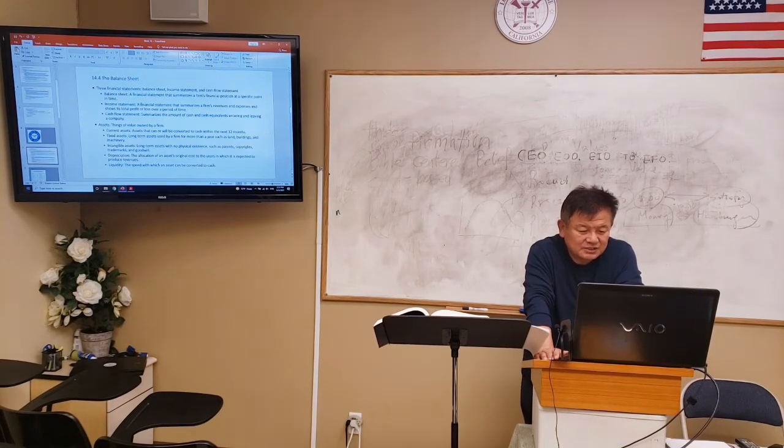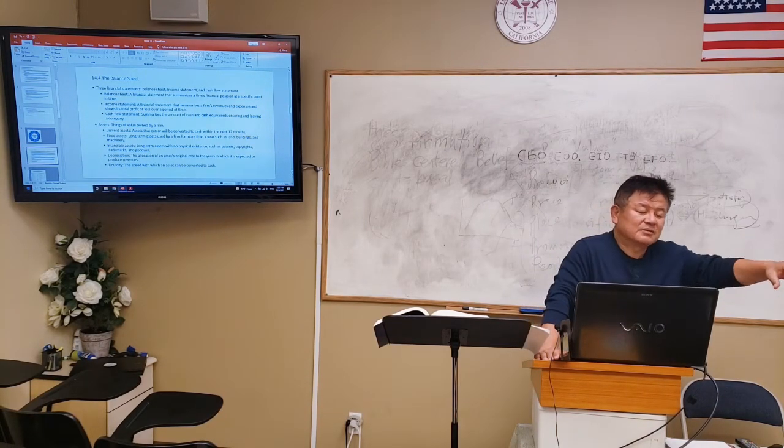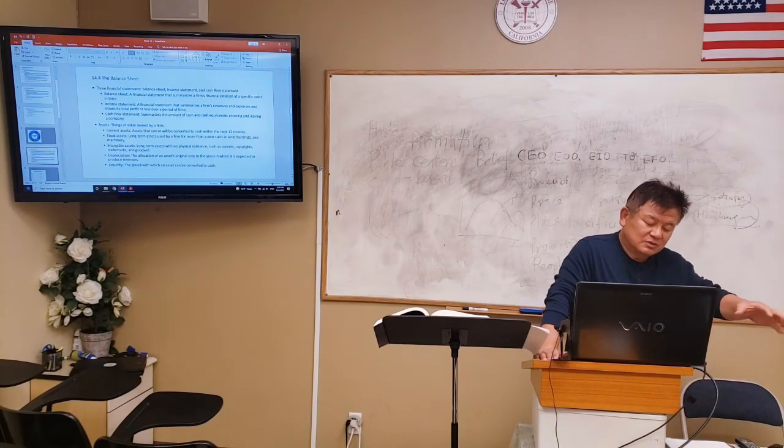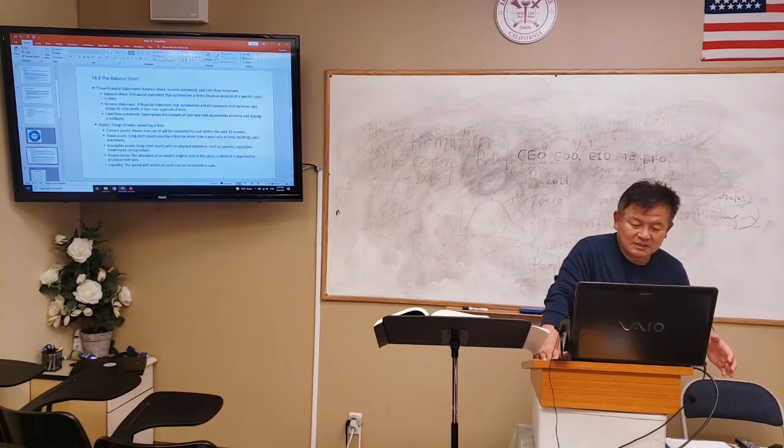Depreciation is the allocation of an asset's original cost to the years in which it is expected to produce revenue. It means if you lease a car, or machinery or a printer, and you're using it, it depreciates every year.